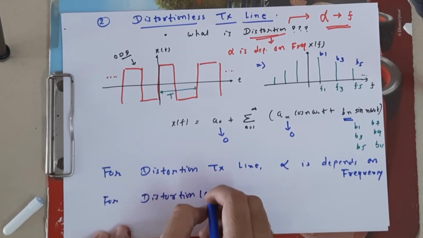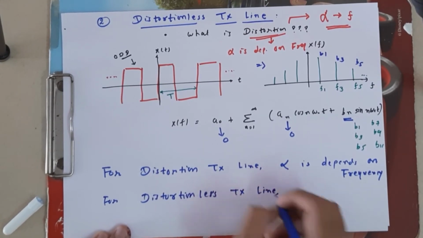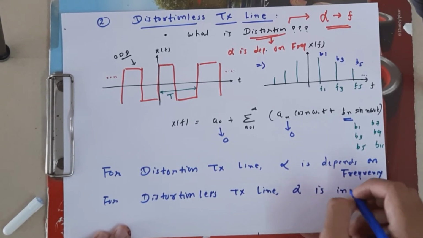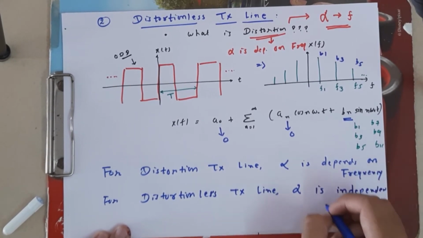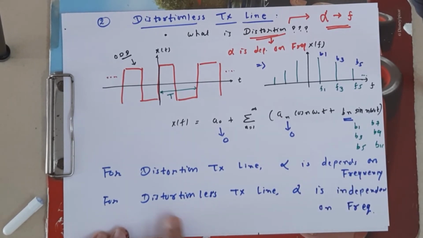For a distortionless transmission line, alpha is independent of frequency.